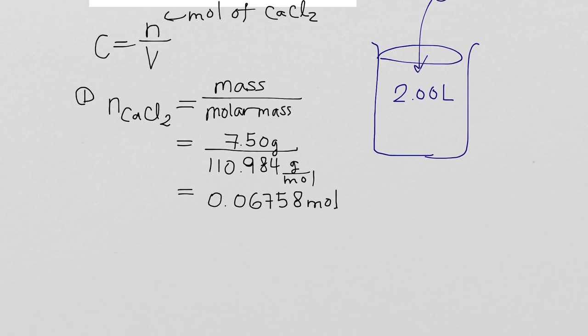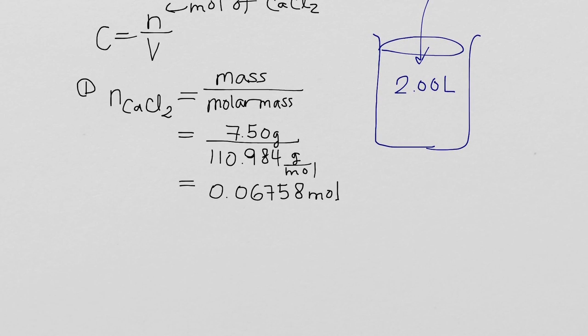So at this point I'm not going to round yet because that's not my last step. My second step is to take this amount of moles and divide it by the volume of the solution.